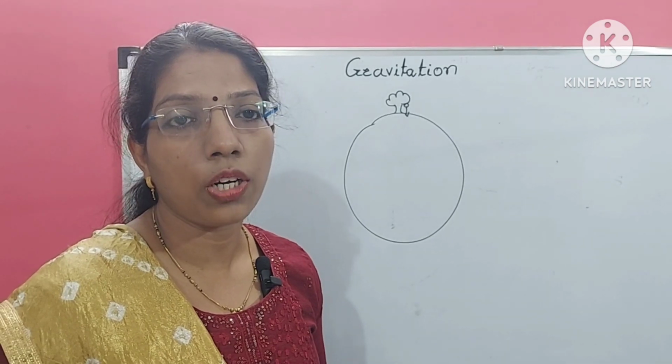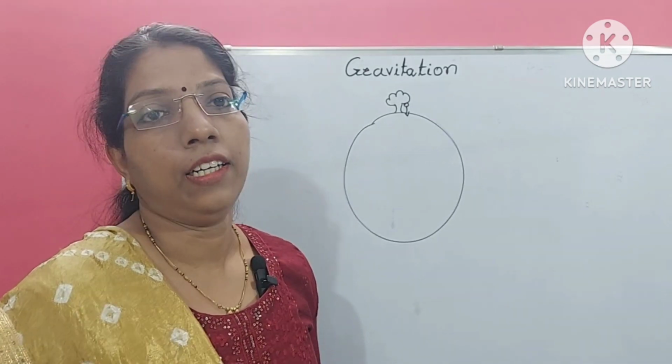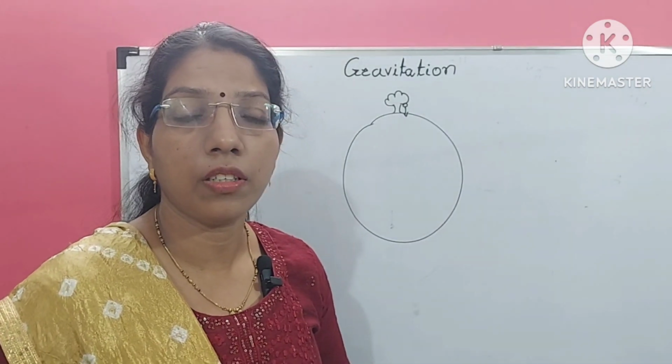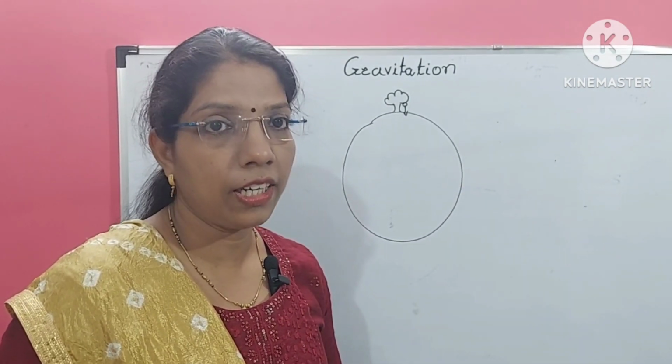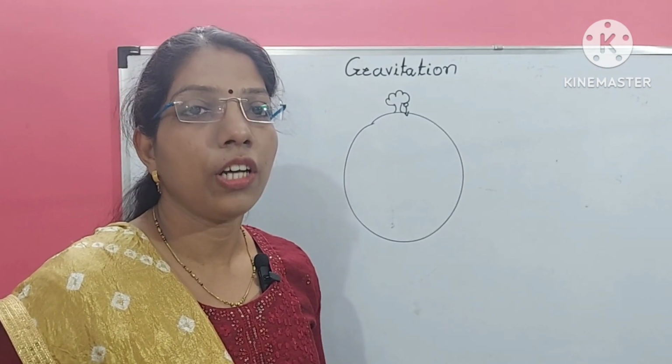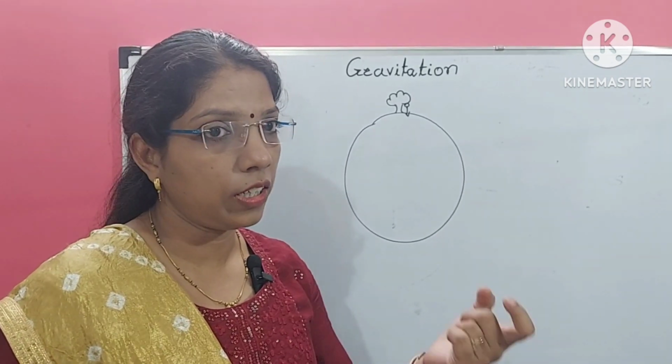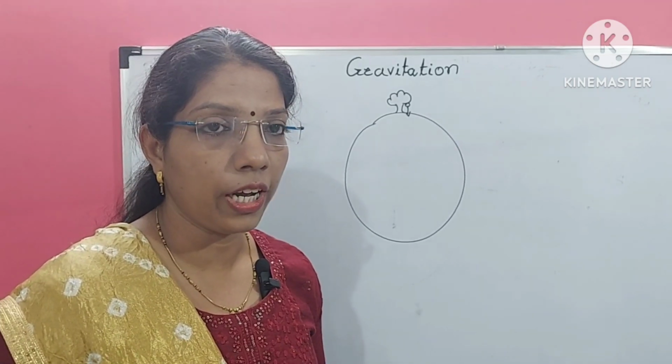After his thought, he came to the conclusion that the earth must be attracting things towards its center. Therefore any object falling on the surface of the earth falls in a vertically downward direction.